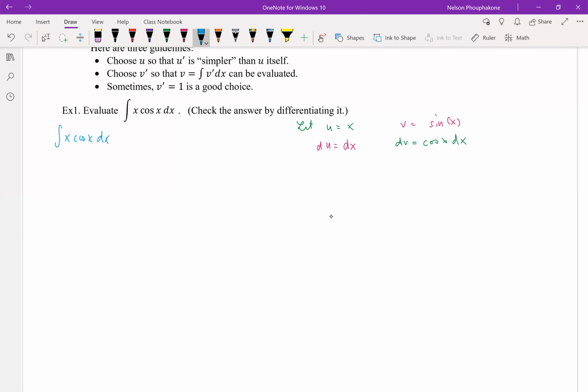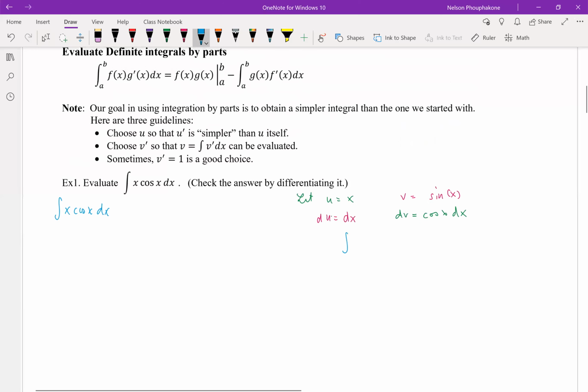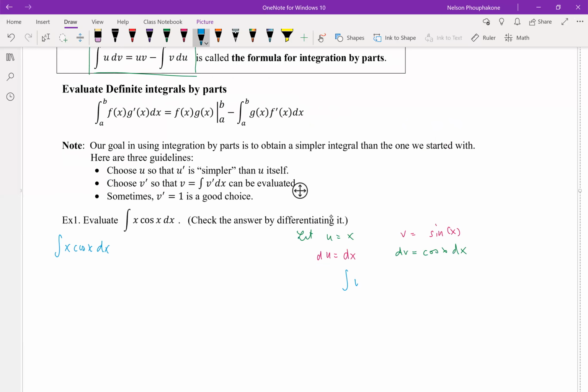Integration by parts is the integral of u dv equal to u times v minus the integration of v du. So this is what we are looking for. In this case, we know that u is x and v is sine of x, and minus the integral of v du.